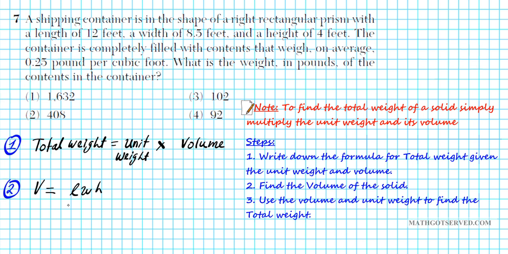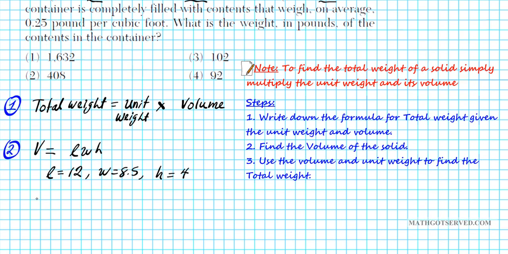Okay, so this is a nice problem here because we're provided with the length, the width, and the height, so we just basically multiply them. So since L is 12, W is 8.5, and the height H is 4, we'll simply plug it into this volume formula to compute what the value of the volume is.